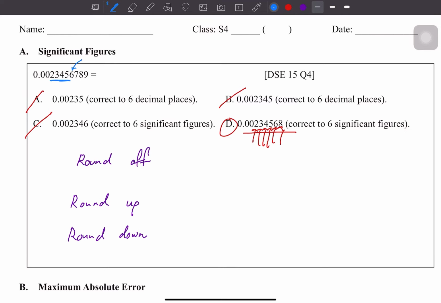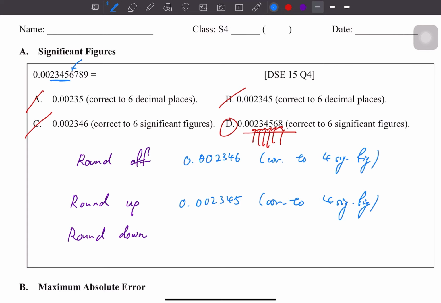If this number is greater than 4, then we need to add 1 for the 4th significant figure. So correct to 4 significant figures. How about round up? That means no matter these values, we also need to add 1 here. So this is 0.002345. Correct to 4 significant figures.